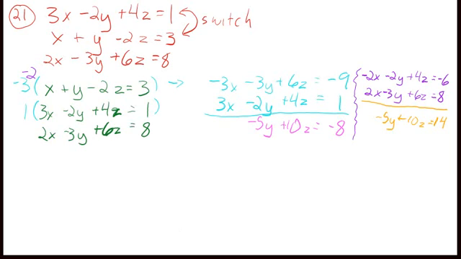Let's do black. So, same first equation, x plus y minus 2z equals 3. New second equation, negative 5. Oh, you know what, we should not put it there, that might be confusing.